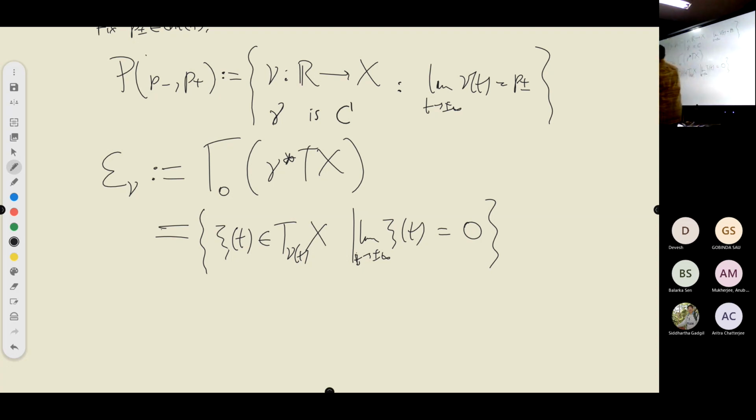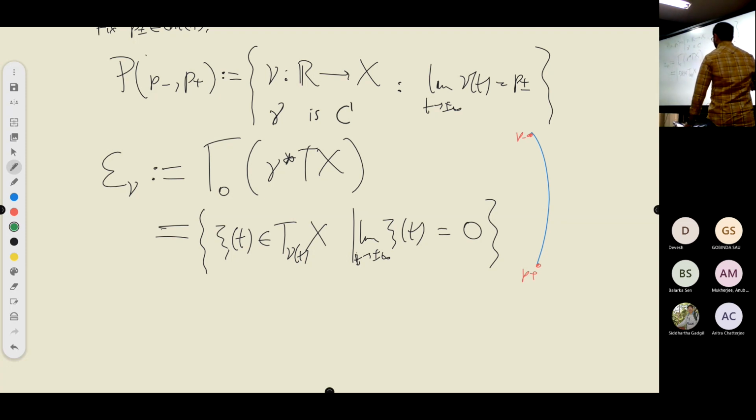What you should keep in mind is the following. You have your path, and these are your critical points, P minus and P plus, and your xi element is sort of supposed to be okay. You push stuff off a little bit here and there, you can even move along the path, whatever. Just the fact that when you get close to either of these points, you're supposed to vanish.